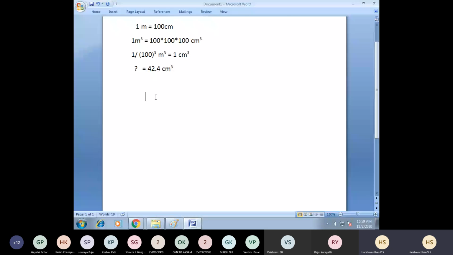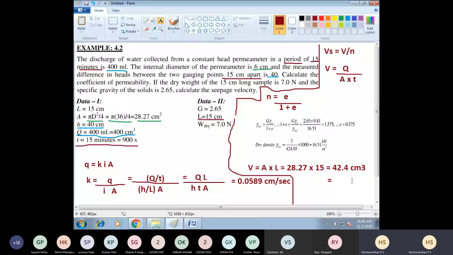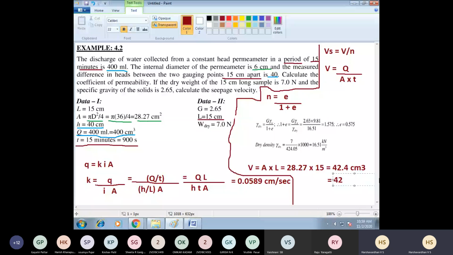So if you convert this into meter cube, I'll get 24.05 into 10 raised to minus 3.